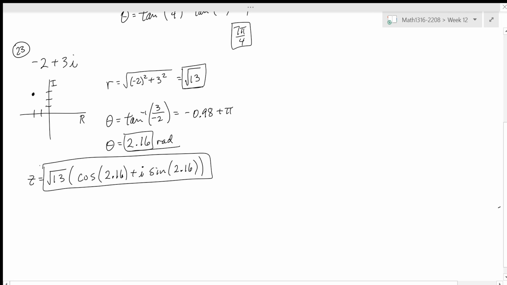And since y'all are all now pros at putting that in your calculator, I'd like you to plug all of that in your calculator and see if we get something close to what we started with. I don't think it's going to be exactly right because we rounded the angle. But it'd be nice if you input that and see if we get something close.